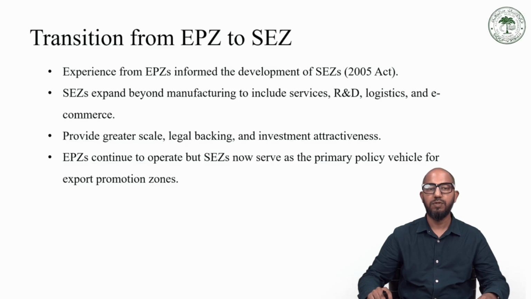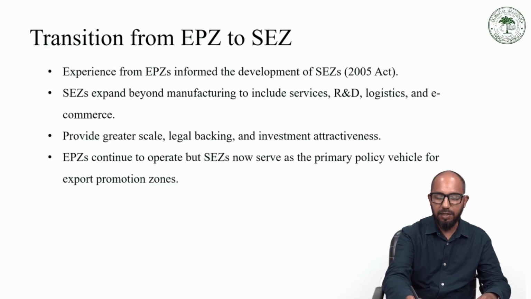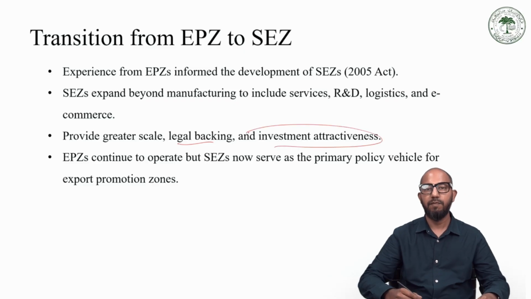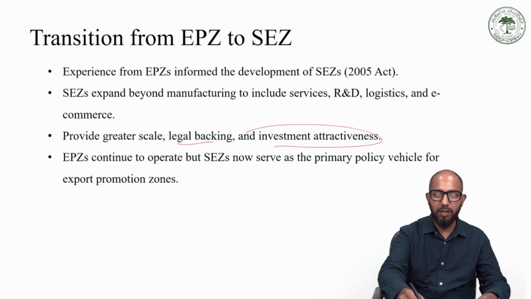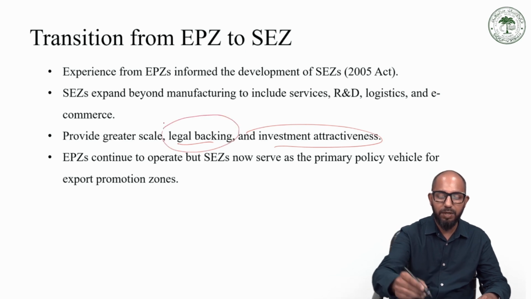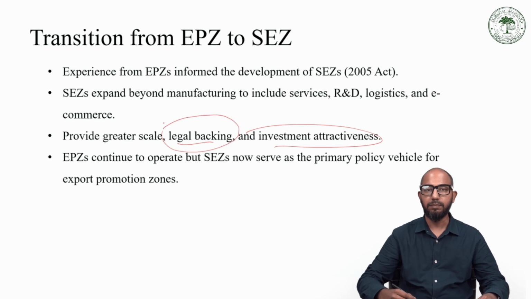Special economic zones expand beyond manufacturing to include services, research and development, logistics, and e-commerce. Special economic zones provide greater scale, legal backing, and incentive attractiveness. One of the most important limitations for industries is that they do not have the means to bear the costs of legal backing.